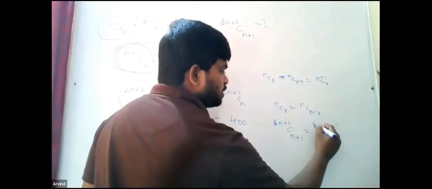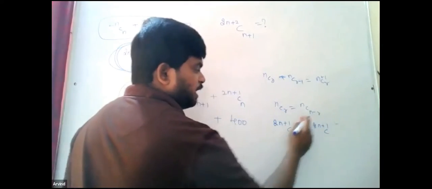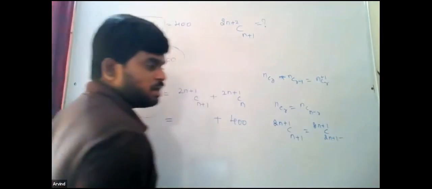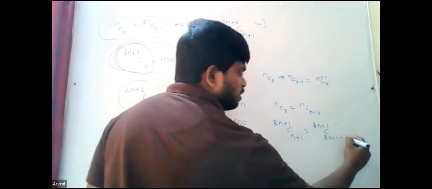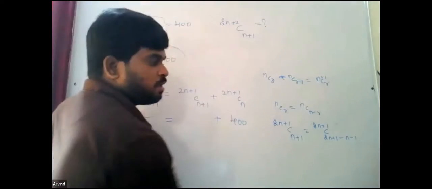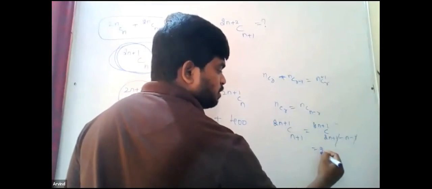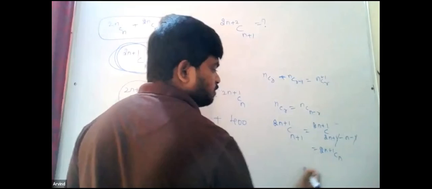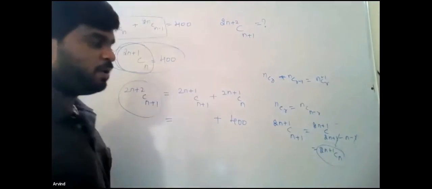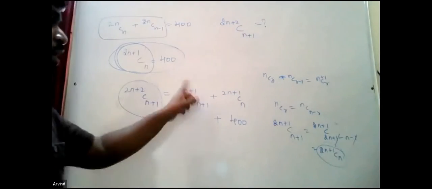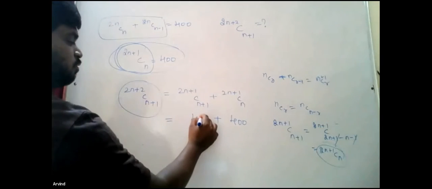So in place of n there is 2n plus 1, minus r, in place of r there is n plus 1. So minus n minus 1, plus 1 minus 1 cancel out. 2n minus n is n. So 2n plus 1 Cn. So observe, whatever the value of 2n plus 1 Cn is, the value of this is also the same. So if the value of this is 400, then the value of this is also 400 using the formula.